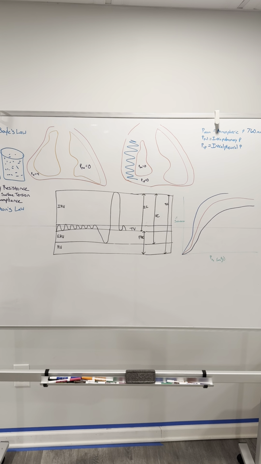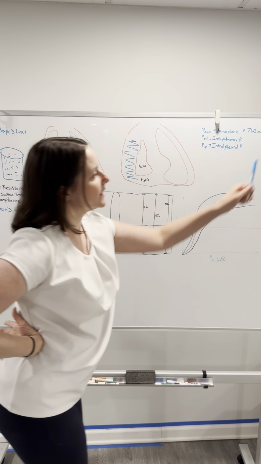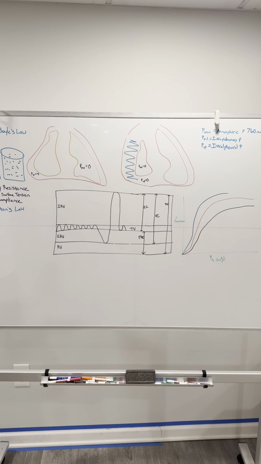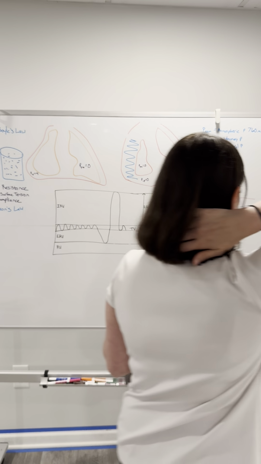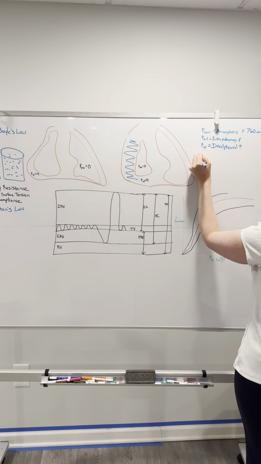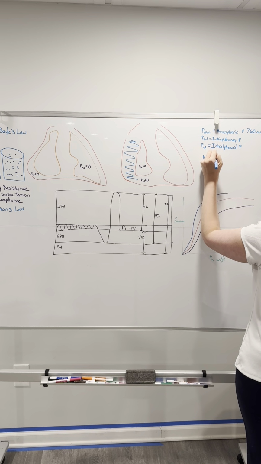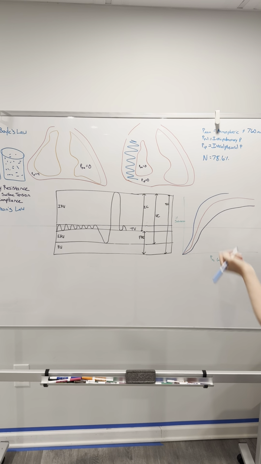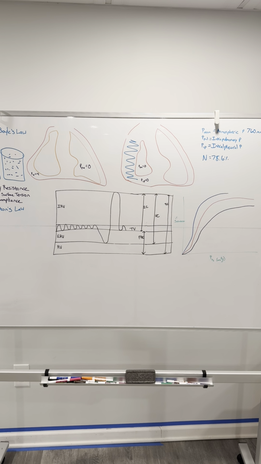So remember, our total atmospheric pressure is 760 millimeters mercury. Now, nitrogen makes up 78.6% of air. So nitrogen is the most abundant gas in the air that we breathe on Earth.